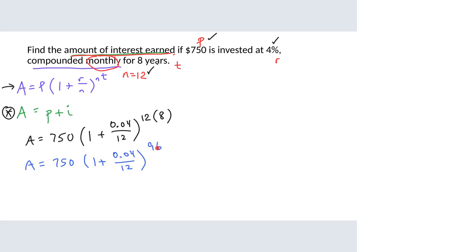Multiplying those gives us the total number of times the interest is going to be compounded. Now we're back to this sort of setup again where we want to follow order of operations. We're going to divide first. And when we do that, we'll have 750 times 1 plus 0.04 over 12. Whew. Okay, there's a decimal for you.